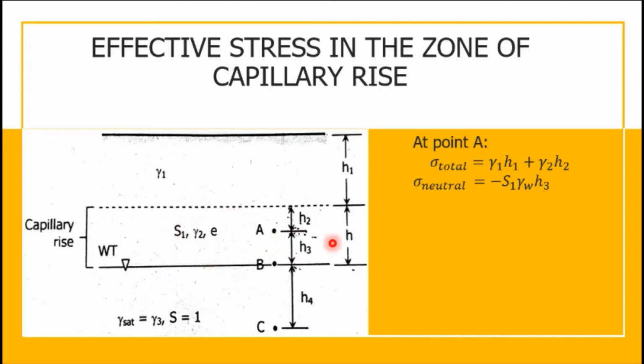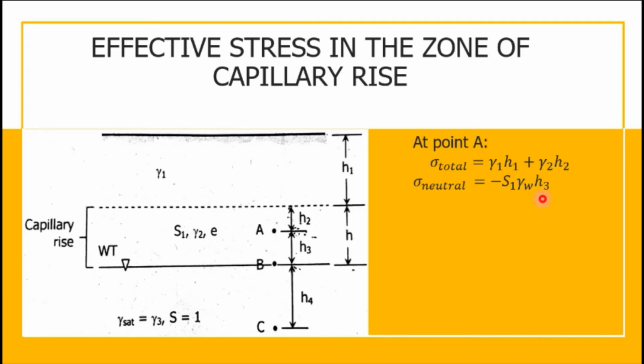So, the neutral stress at point A is equal to the negative degree of saturation multiplied by the unit weight of water multiplied by H sub 3, the height from the groundwater table of the point wherein we are to get the neutral stress. So the height from the groundwater table of point A is H sub 3.